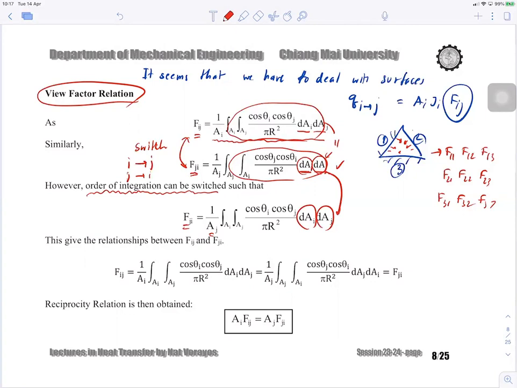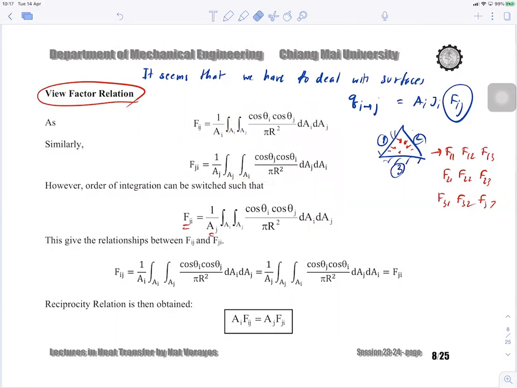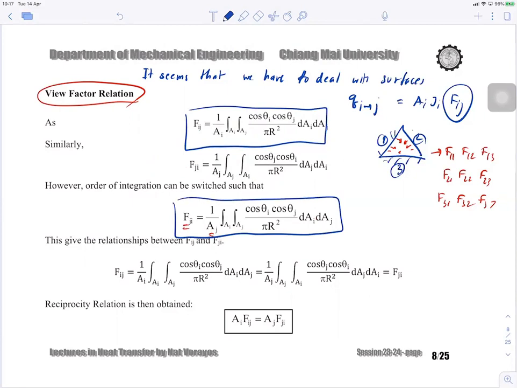So I take a look at these 2 equations then. This equation and that equation, okay? These are equal. So this one is Ai Fij, going to be equal to Aj Fji.